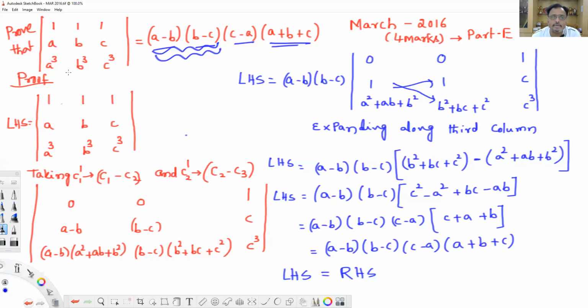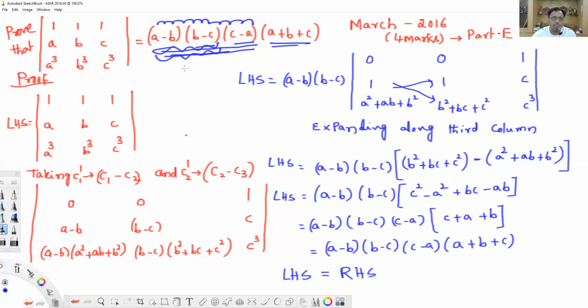Don't get tempted to make the elements zero immediately. First, I am going for at least 2 or 3 common factors. At least the first 3 factors must come out as common factors.